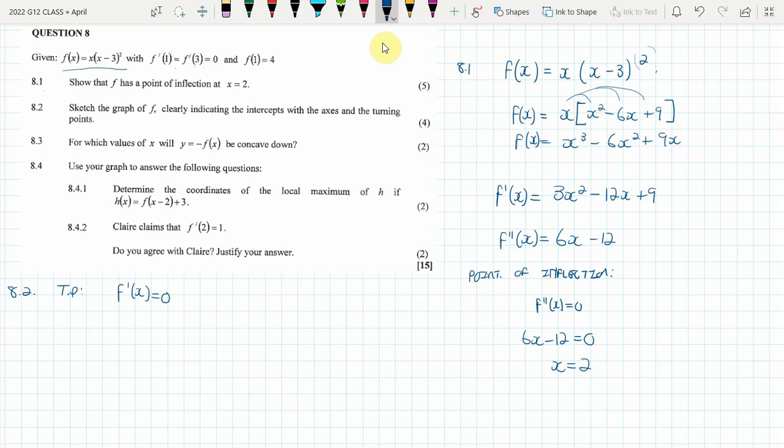But they already did the dirty work for us. They've told us f prime at 1 and f prime at 3, so we don't need to solve for x anymore. If we were to solve for x in this f prime, we can expect to get 3 and 1.